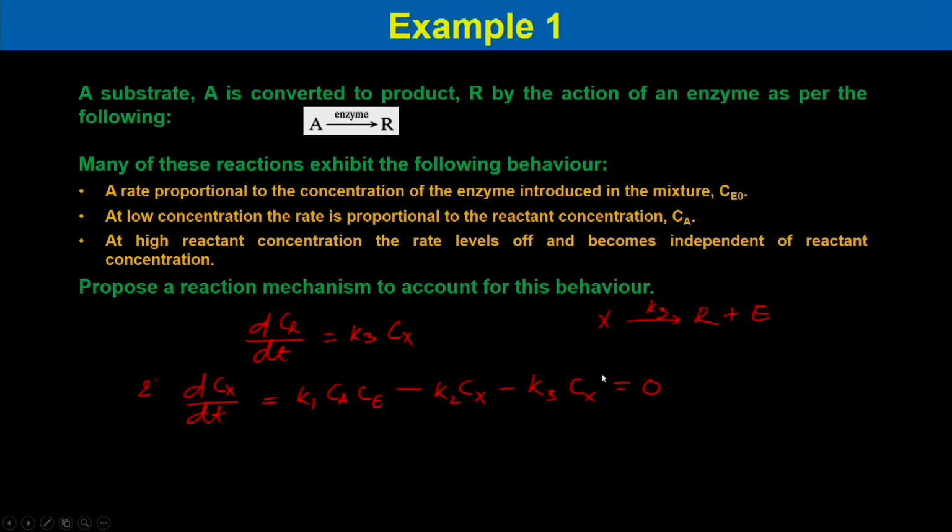So, the first reaction is A plus E, which reacts reversibly to form intermediate X. So, this is K1, this is K2.